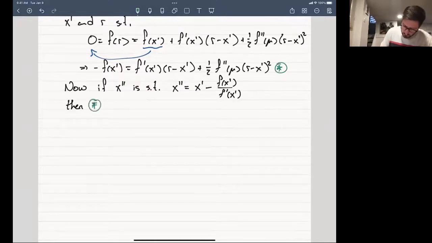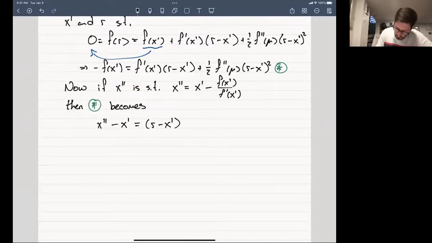Well, then if you divide off f prime from every single term here, then on the left-hand side I get x double prime minus x prime, and that is equal to r minus x prime, and then plus 1/2 f double prime of mu divided by f prime of x prime, and then r minus x prime all squared, right?